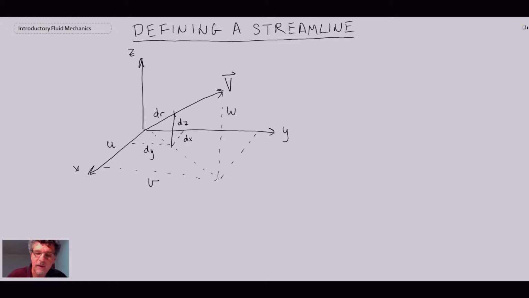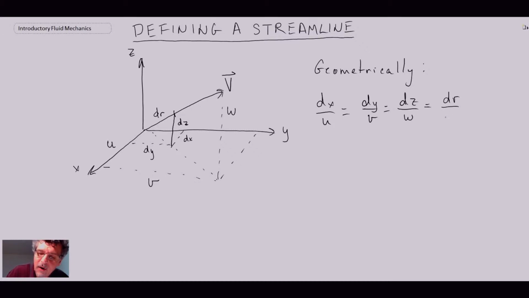When you look at a streamline, remember streamlines have to be tangential to the velocity vector. So geometrically, we can come up with the following equation that describes a streamline: dx over u equals dy over v equals dz over w, which is equal to, in a generic sense, dr divided by the magnitude of our velocity vector.